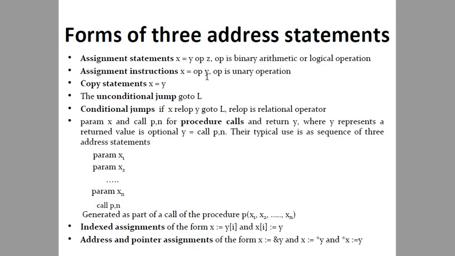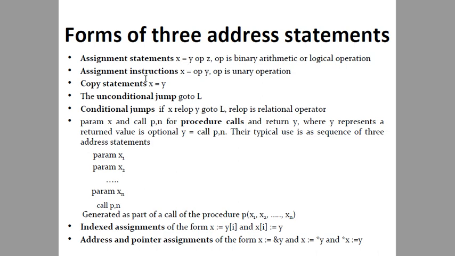In our C language, you can see that there are several types of statements: copy statements, assignment instructions, jump statements, indexed statements, address and pointer assignments. So what form will the 3 address statements take for these different kinds of statements? For an assignment statement, it will be something like this: x is equal to y op z.